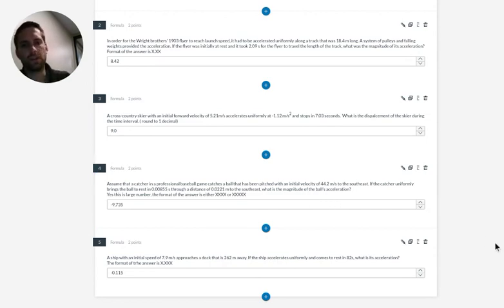So I plug in these values. 2 times the change in x minus velocity initial times time, over time squared.